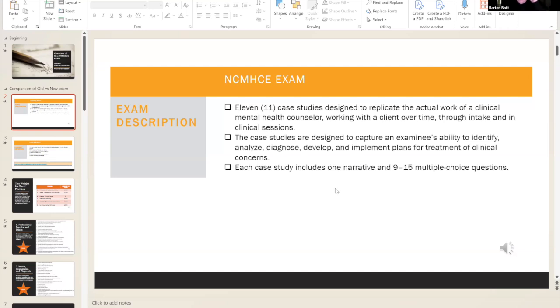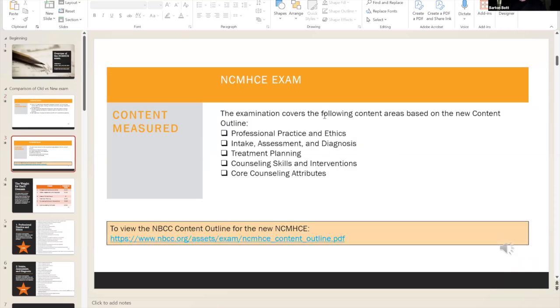Each case study includes one narrative and approximately 9 to 15 questions. And we'll see why I said approximately 9 to 15 in a moment. The content that's measured is as follows. What we see here are 5 areas of content. These 5 areas are referred to as domains.